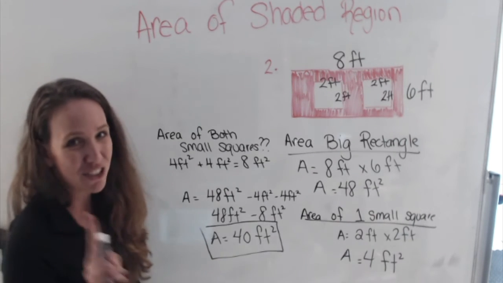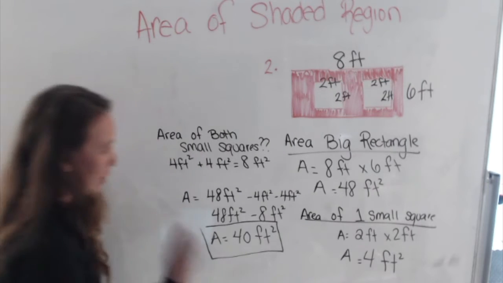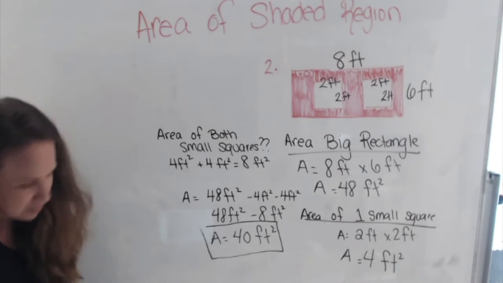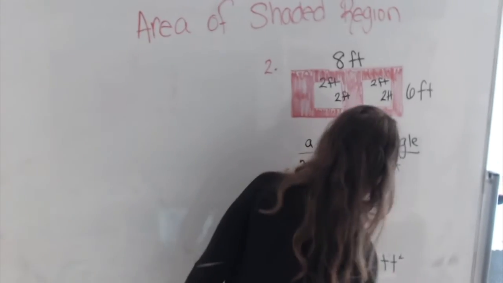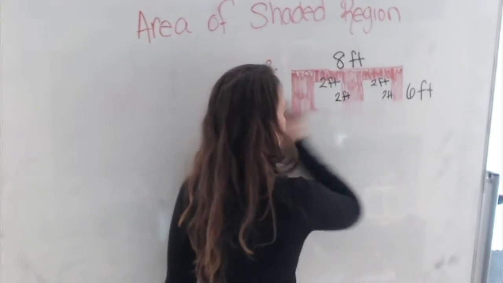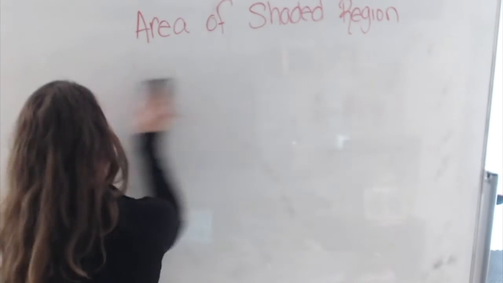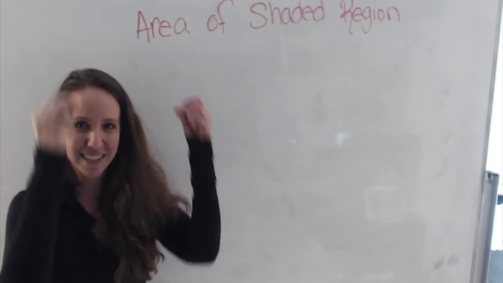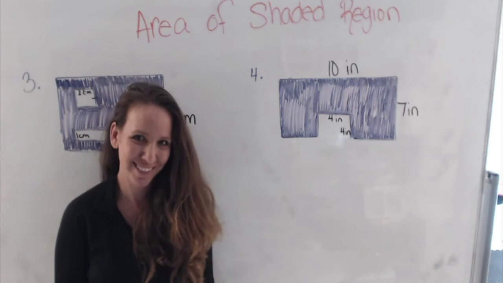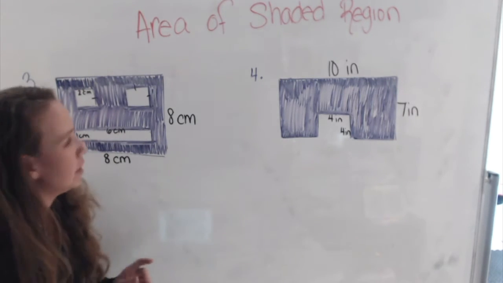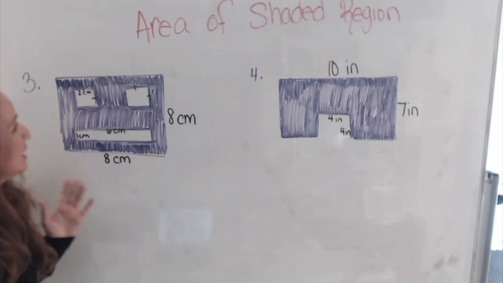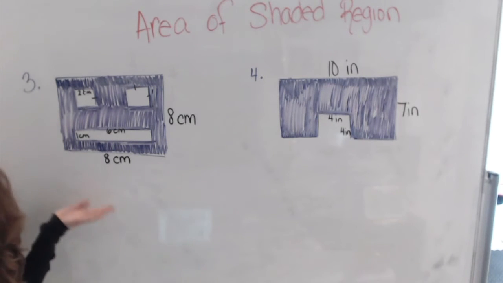Okay, let's do the last two together. I'm going to erase the board and redraw. Now that I've redrawn the problems here on the board, we can see it looks like a little robot face.